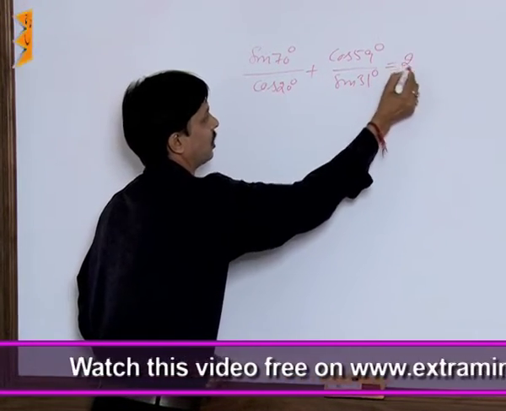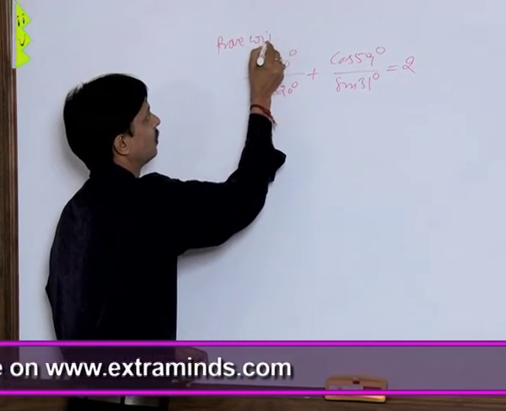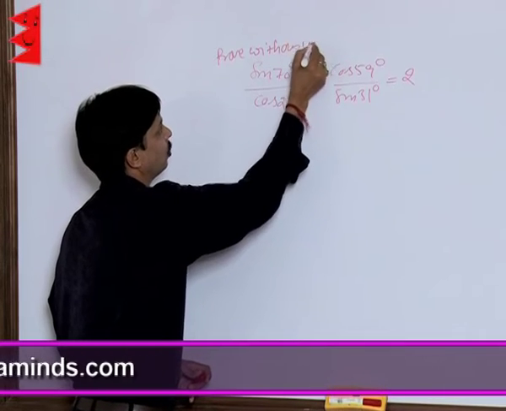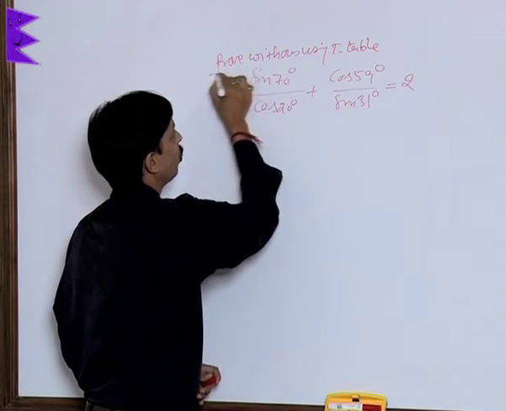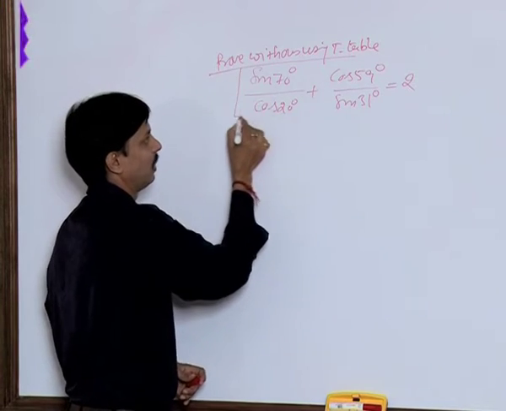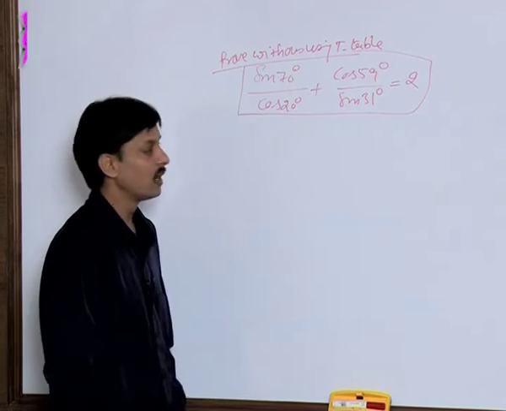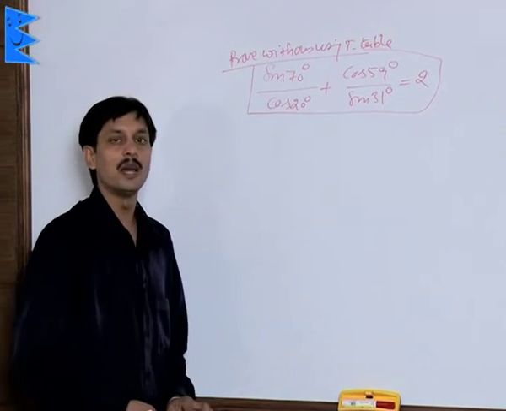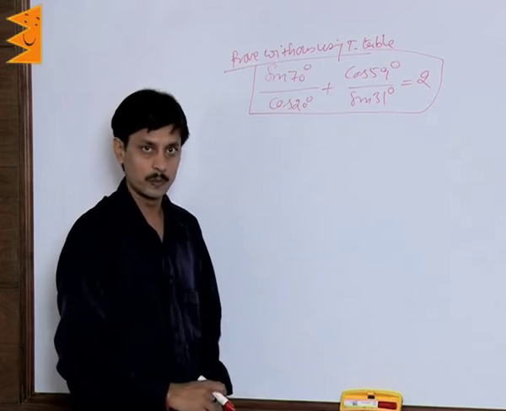Prove without using the trigonometric table that sin 70 degree upon cos 20 degree plus cos 59 degree upon sin 31 degree is equal to 2.